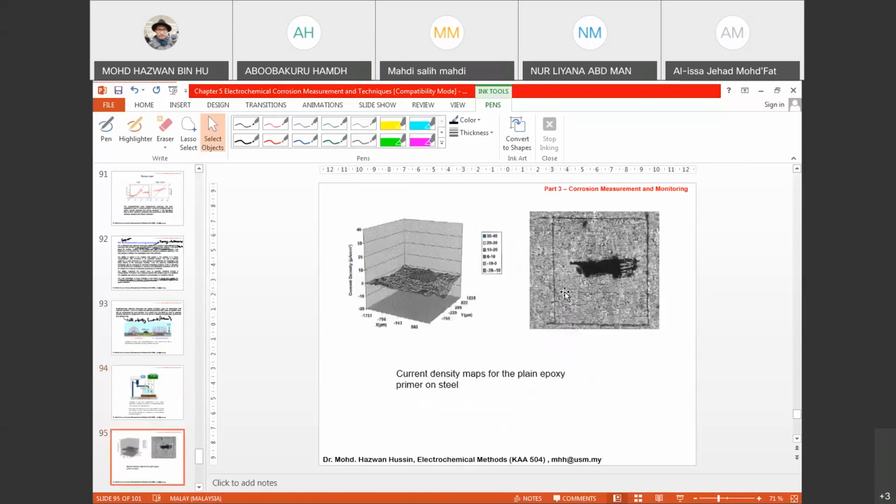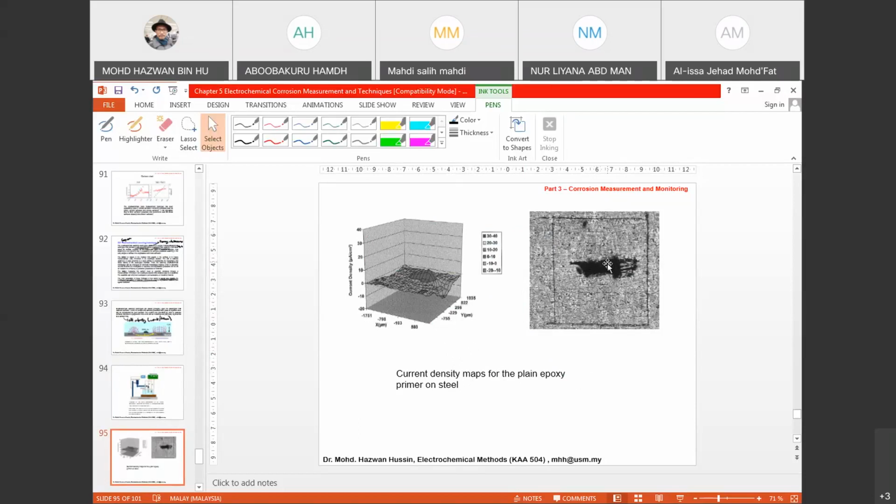And this will be the type of result that you can observe when you do SECM techniques. It actually produces a three-dimensional image. So you have current density over here, you have potential, and you also have a distance value.